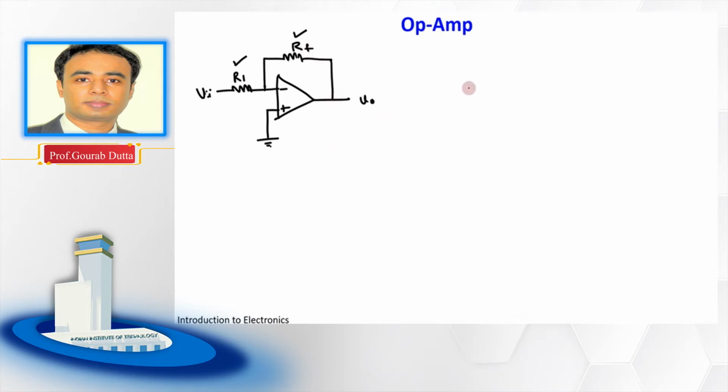Similarly, in the case of the non-inverting amplifier, we have used this circuit. Here the input has been applied to this non-inverting terminal, right? So this is that input. And we have a feedback, negative feedback, same as this.